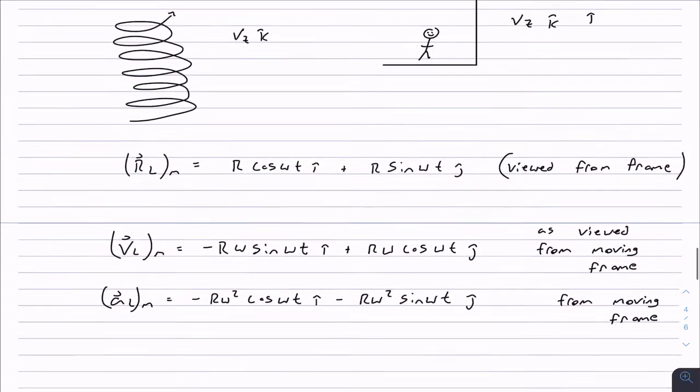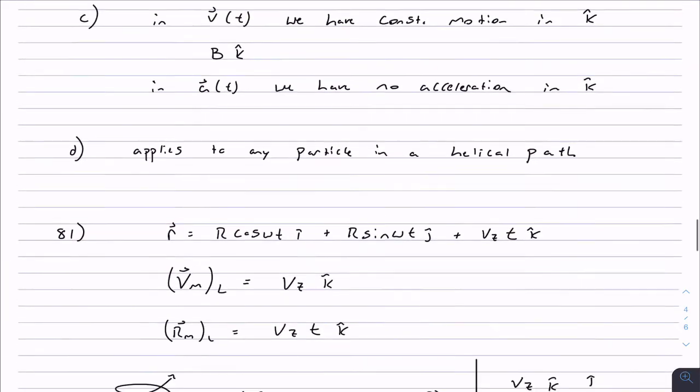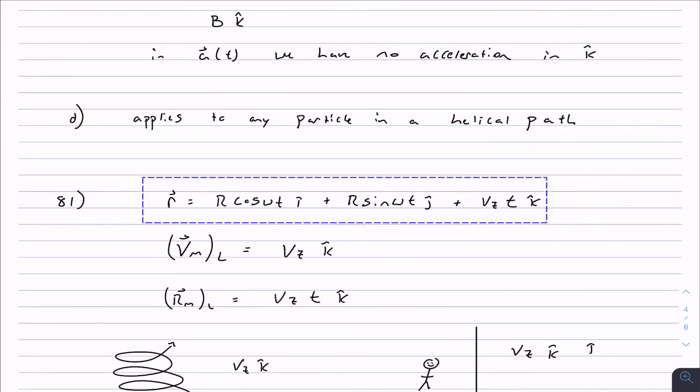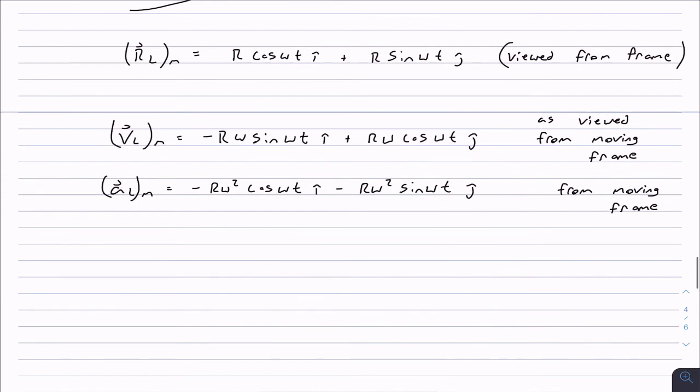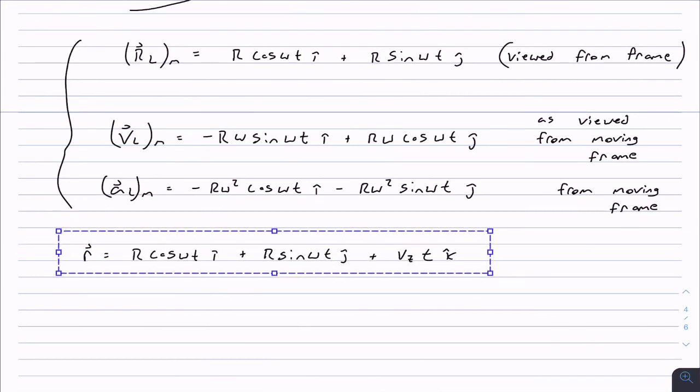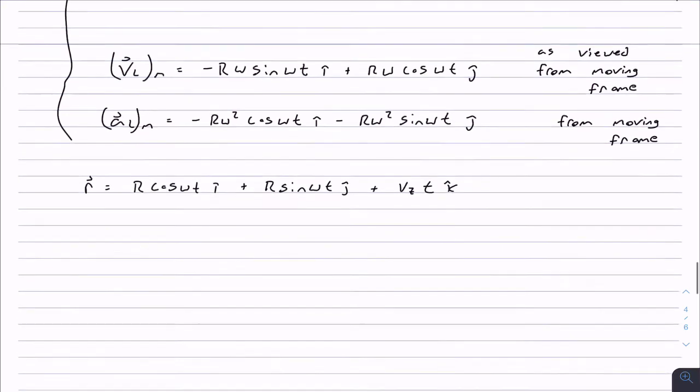Now, where was our original position? We'll take this one here. So this is the velocity and acceleration of the particle as viewed from the moving frame. Now here's our position, so just take a couple of derivatives real quick.